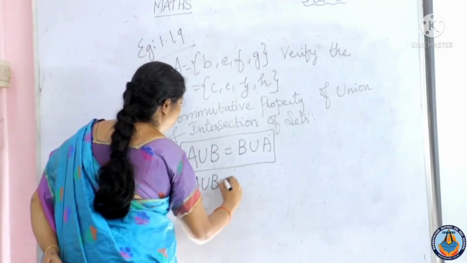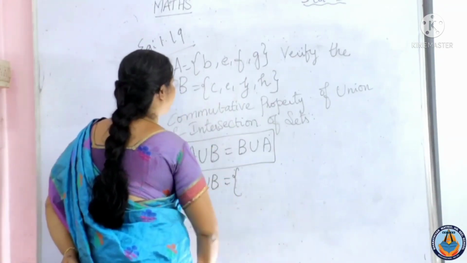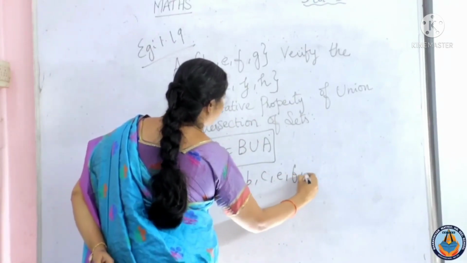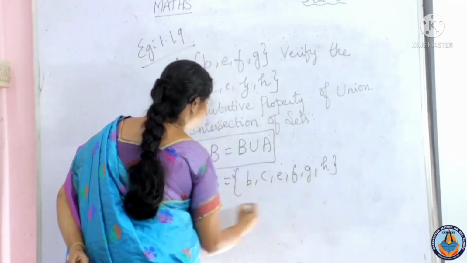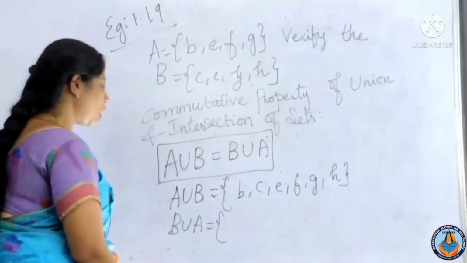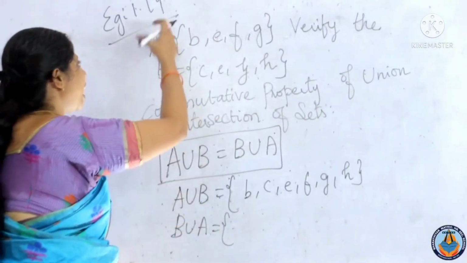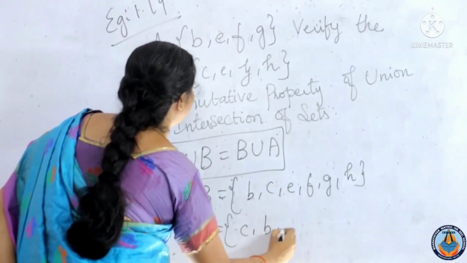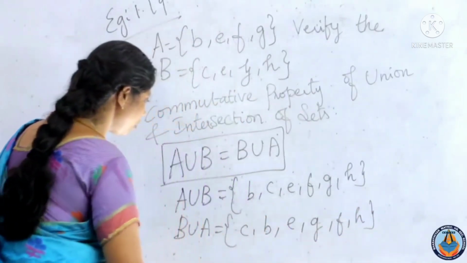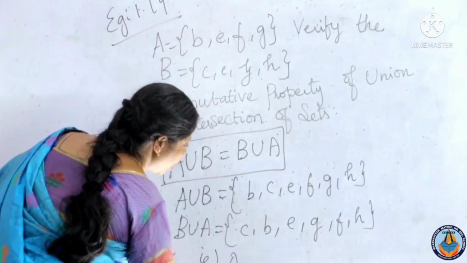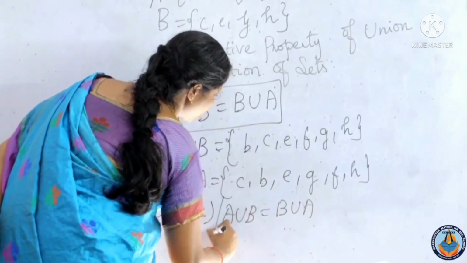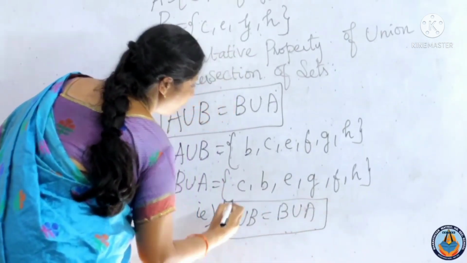A union B is equal to, you have to combine and write all the elements in A and B: B, C, E, F, G, H. Similarly, B union A is equal to, you have to combine and write all the elements in B and A: C, B, E, G, F, H. A union B is equal to B union A. Hence this property is verified.